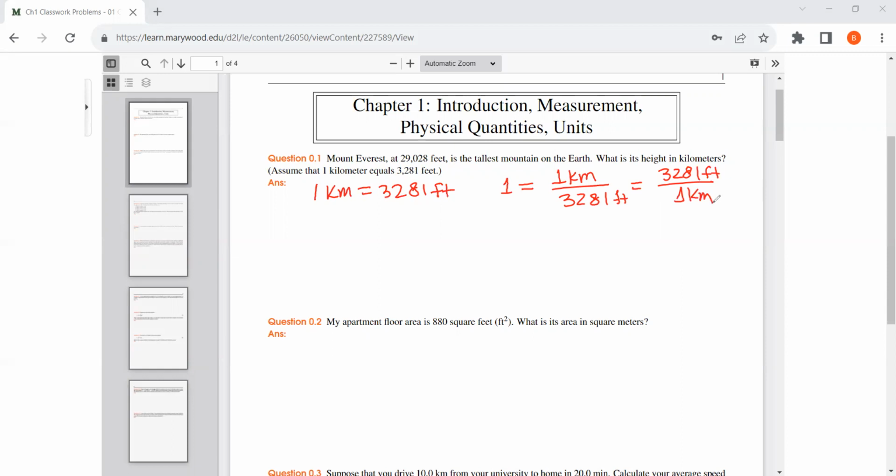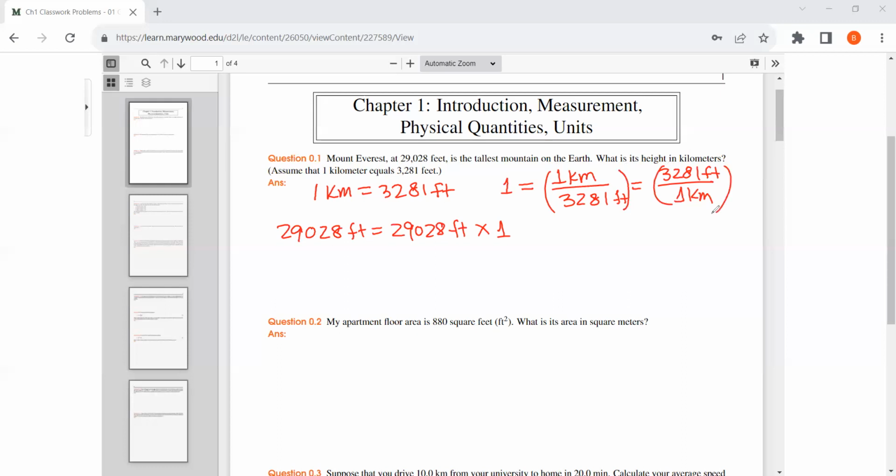Once we have that, the next step is this 29,028 feet. We have to multiply it by 1, and find one of these relations to substitute for 1.